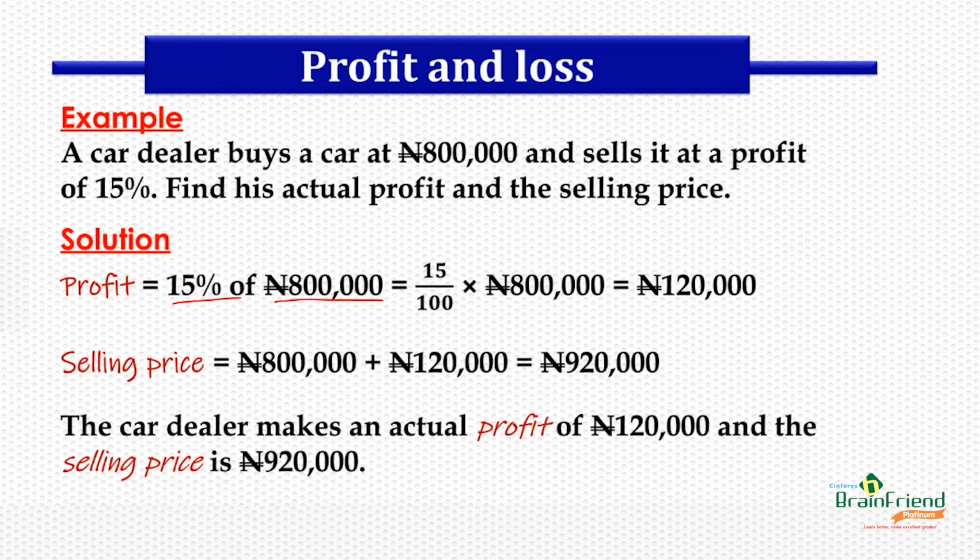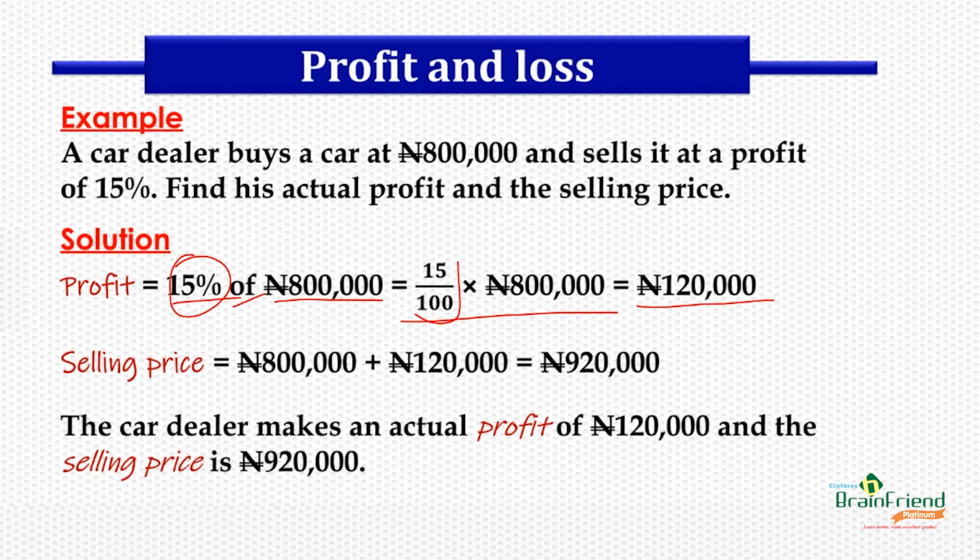And 15% actually means 15 over 100. So 15 over 100, in mathematics, of stands for multiplication. So we have 15 over 100 multiplied by 800,000 naira. And that gives us 120,000 naira. So this is the profit that the car dealer makes.